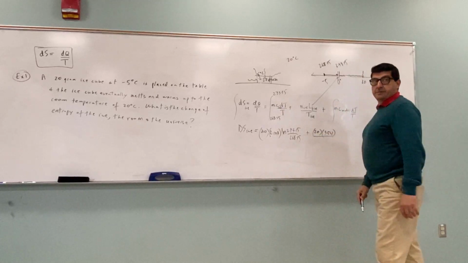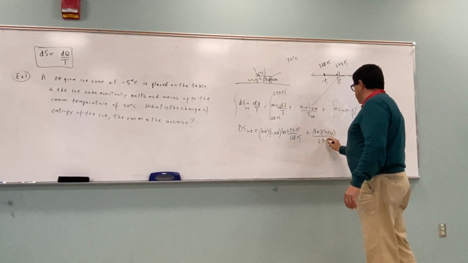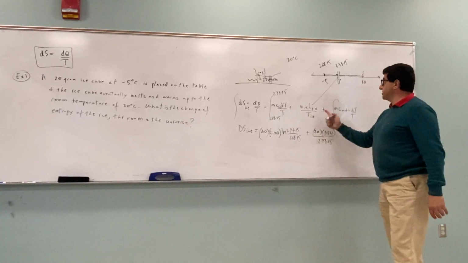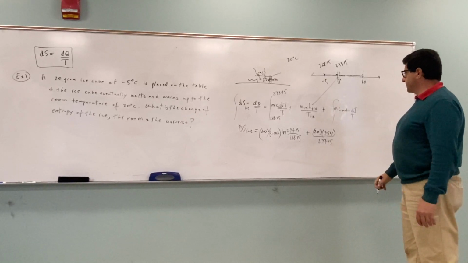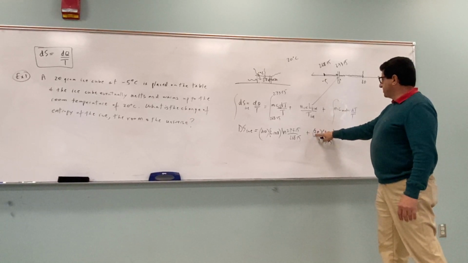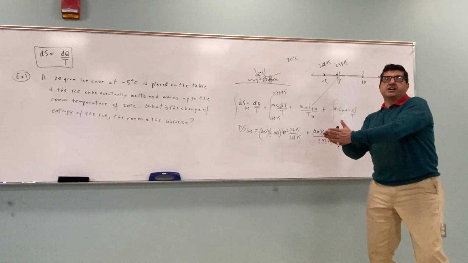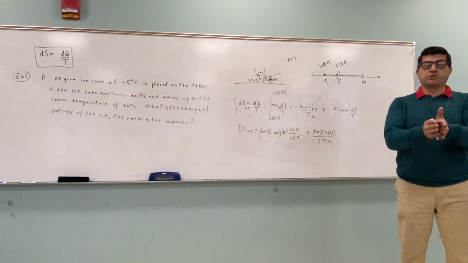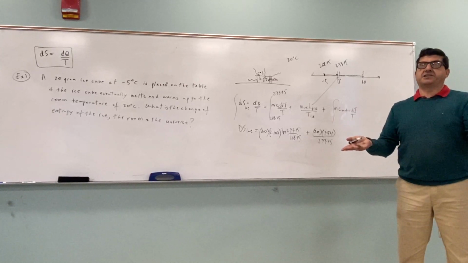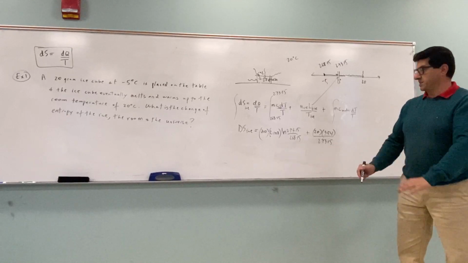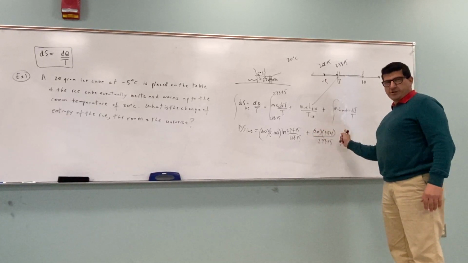And then divided by the temperature of the ice, which is 273 Kelvin. Notice you can't put 0 degrees Celsius down here. So that's the increase in entropy of the ice when it goes from solid ice to liquid. Because liquid has more entropy, more chaos than solid. You see? So the entropy increases when it turns from solid to liquid.